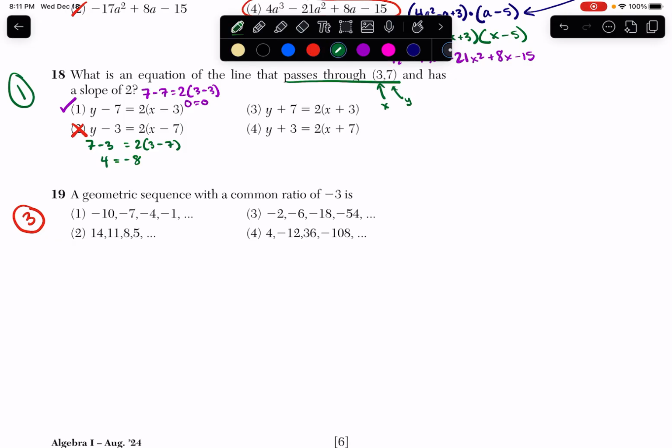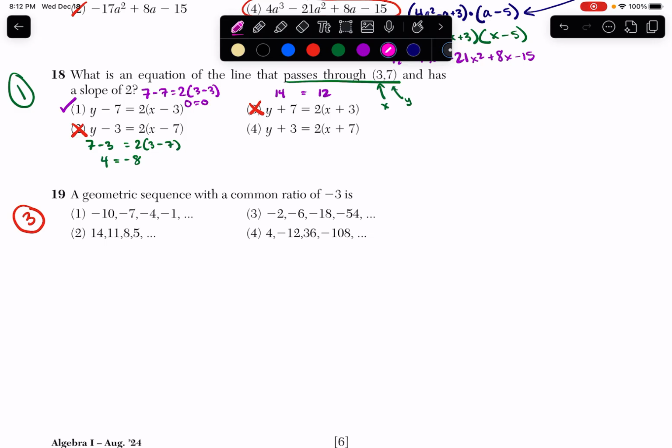If I plug in 7 for y and 3 for x in 3, I get 14 is equal to 12. That is false. So 3 does not pass through 3, 7.